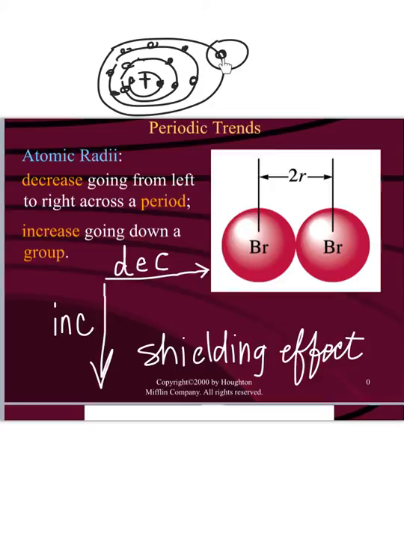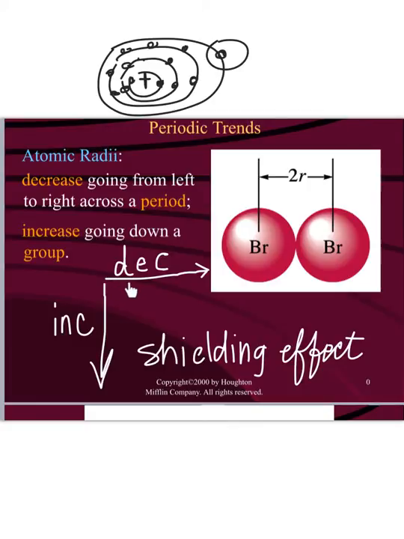So it's a lot harder for the outer electron to be attracted to the nucleus. And that's why it's bigger in size. Since it has very little attraction to the nuclear charge, it's just hanging out. And that's why it's bigger in size. It's not pulled in as tightly.